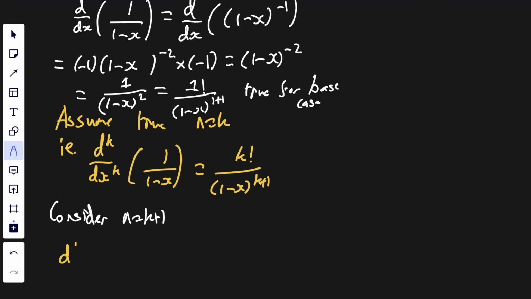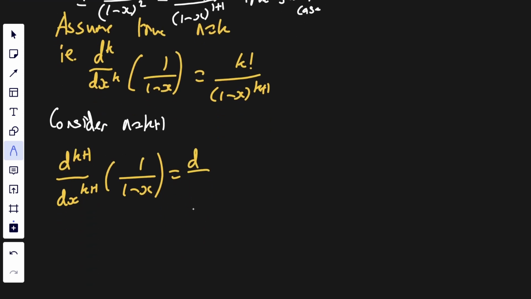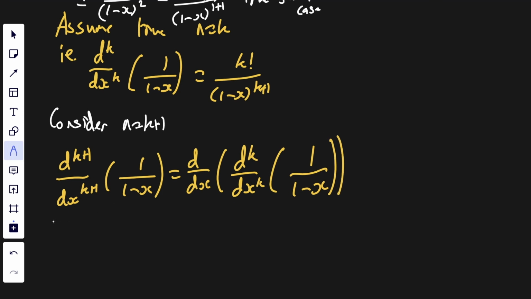So we're considering the k plus 1th derivative of our function. But this is the same as the derivative of the kth derivative. But that's in our assumption. So we're talking about the derivative of this.